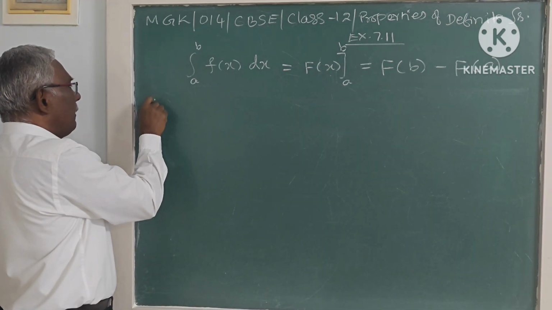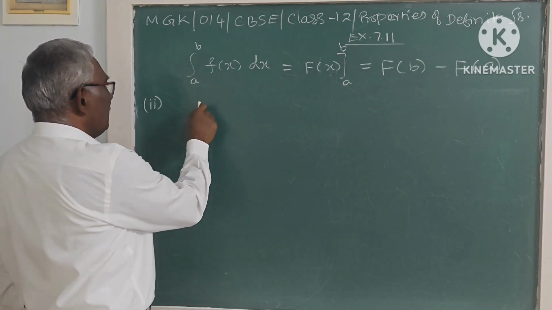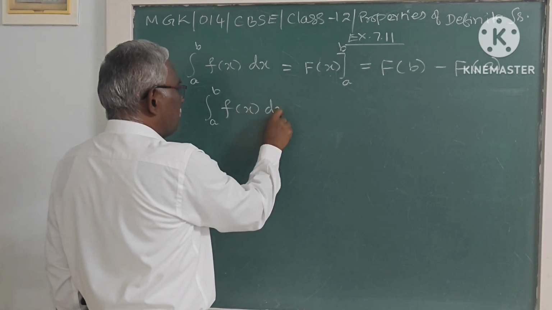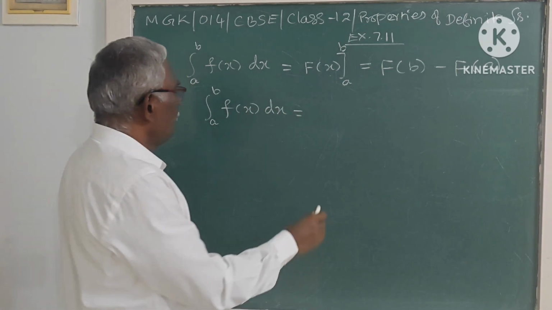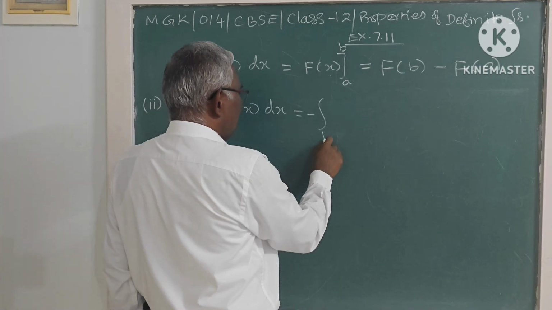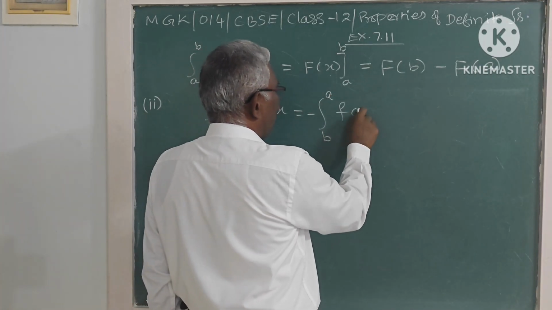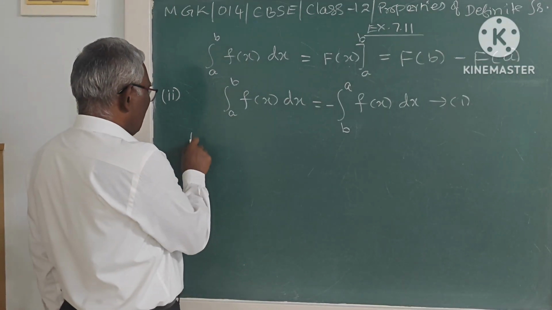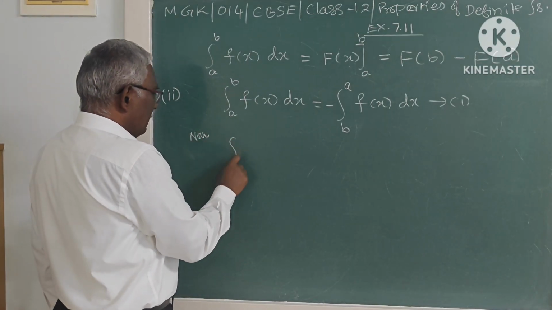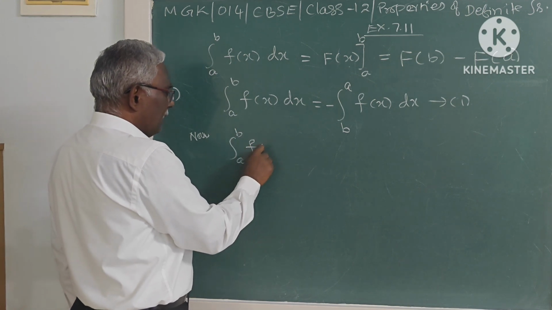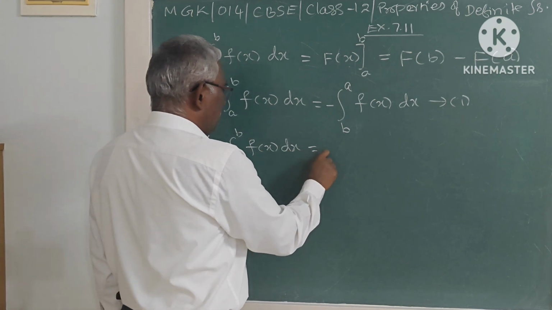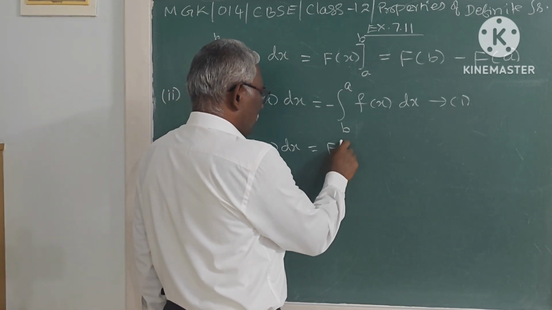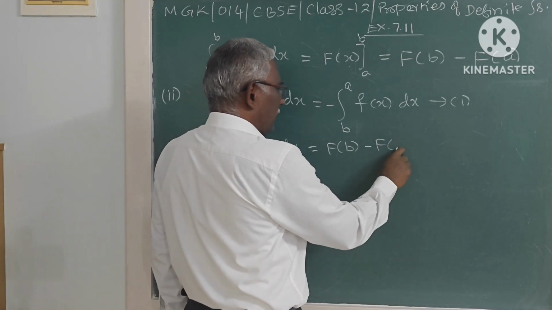Now, second property: integral a to b f of x dx is equal to minus integral b to a f of x dx. What is integral a to b f of x dx? This is nothing but F of b minus F of a.